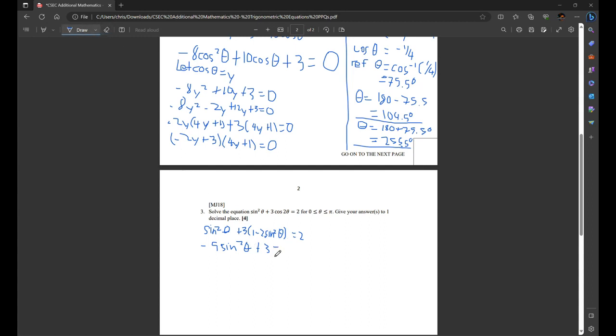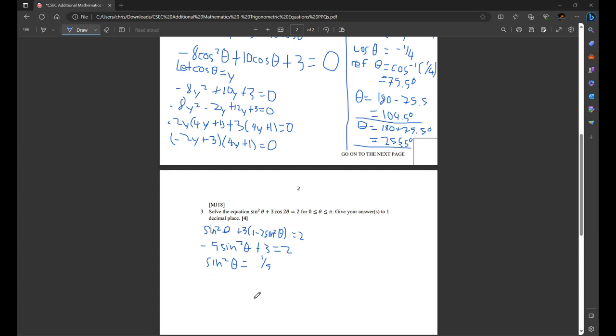And then that's equal to 2. So we can rewrite this, just doing some transposition really quickly. 2 minus 3, if we bring the 3 over to the other side, is negative 1. Negative 1 divided by negative 5 is of course 1 over 5.